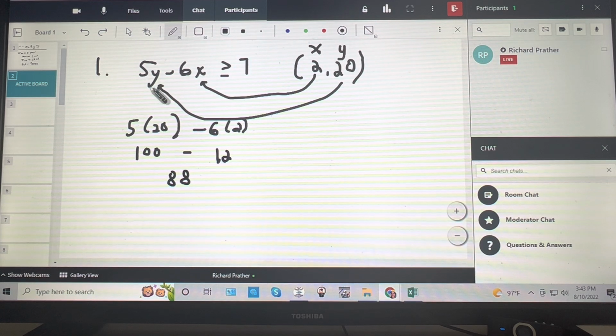The left side of the inequality is 88 if I plug these numbers in, and the inequality says that the left side is supposed to be greater than or equal to 7, and it is greater, so that is true. 88 is greater than or equal to 7 because it's greater than 7, and that means this is one of the solutions to this inequality.